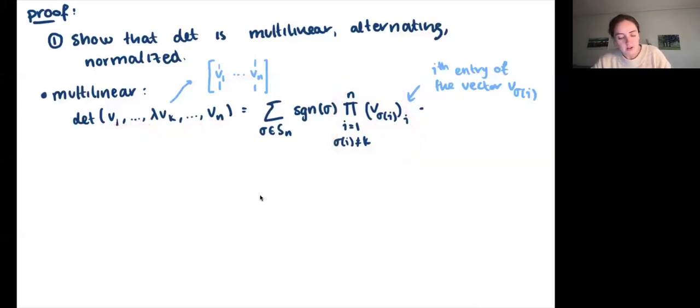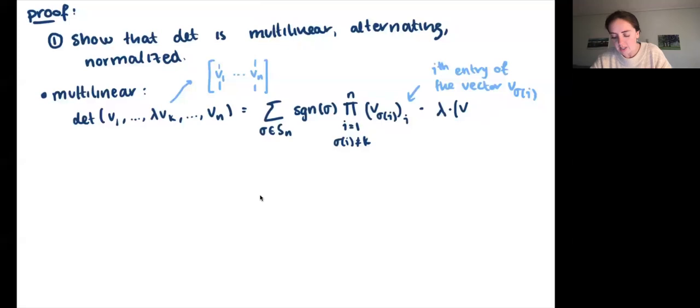Then off to the side, we're also going to multiply by lambda times v sigma of i sub k. Nope, this is wrong, sorry.